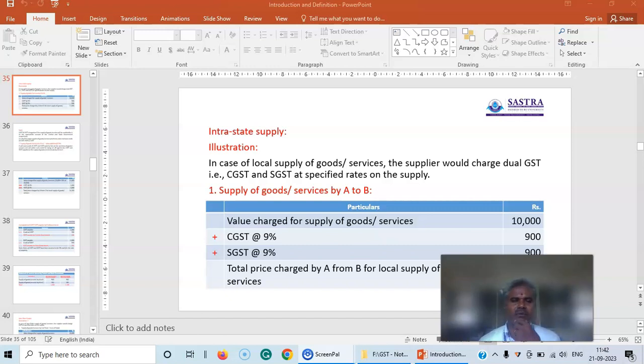When we supply goods from one place to another place within the state, take for example, in Tamil Nadu, I am doing business. I have a head office in Chennai. Now I am going to supply goods from Chennai to Madurai. So this is called intrastate.